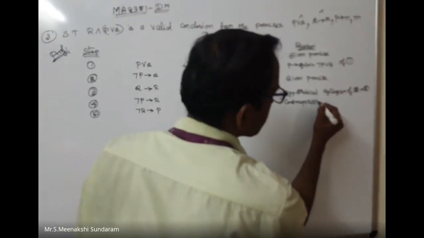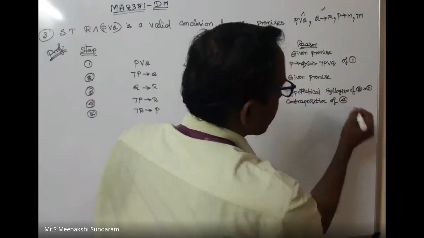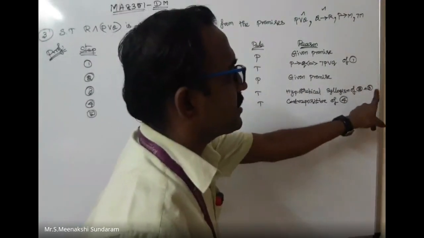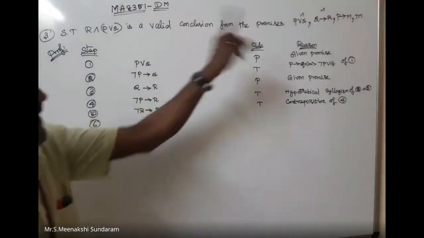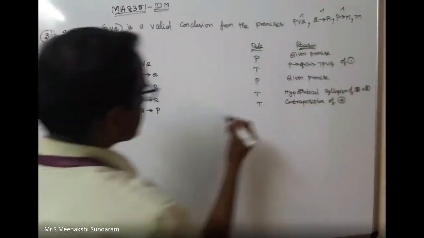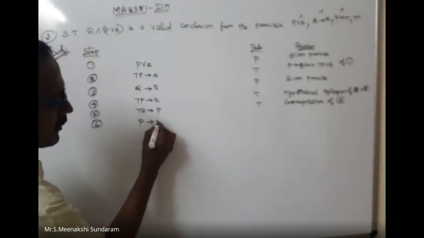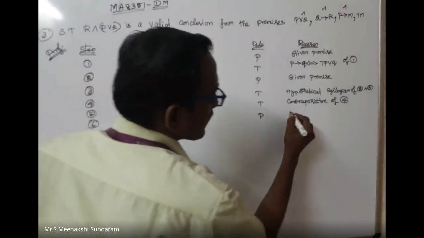Contrapositive of step 4. On the right side you can see that the first, second, third and fourth steps are all used. The 6th one is the next premise, P tends to M. This is a given premise.